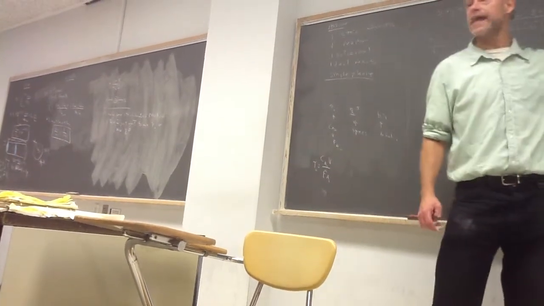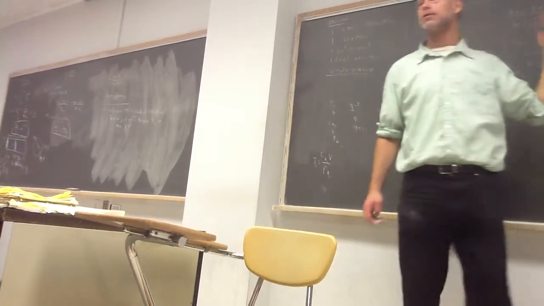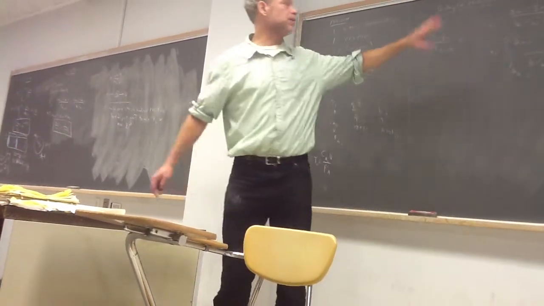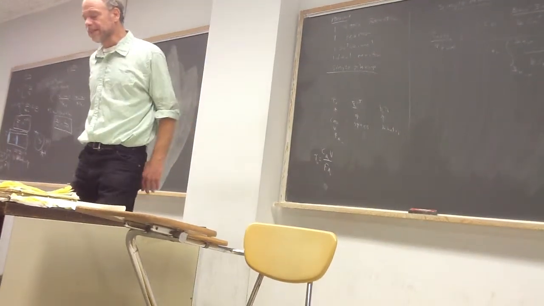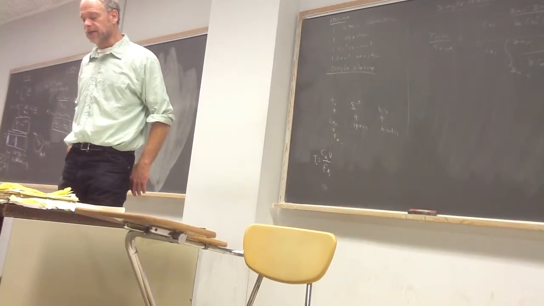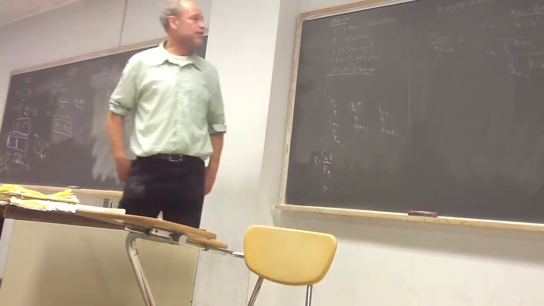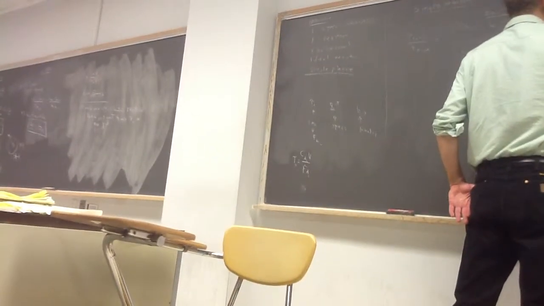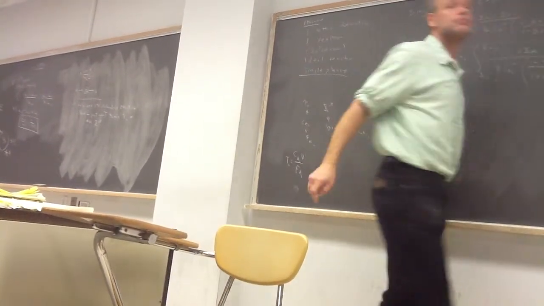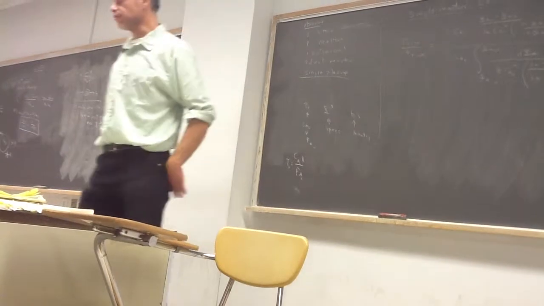If the curve had gone down, then of course this would be the opposite. This would be less than 1 instead of greater than 1. So what can we see immediately? This ratio is always going to be greater than 1 for n greater than 0, for an nth order reaction.